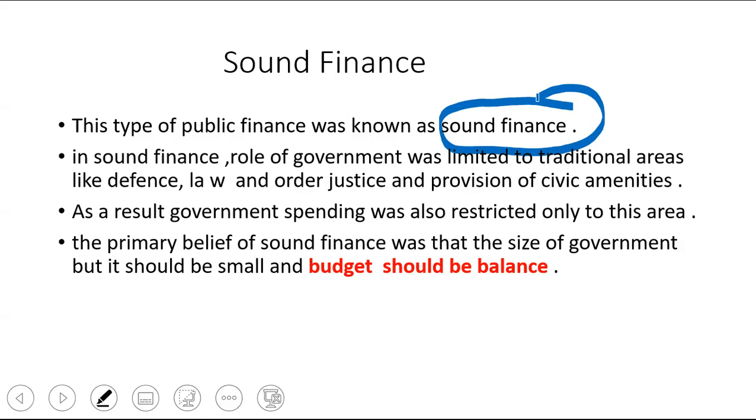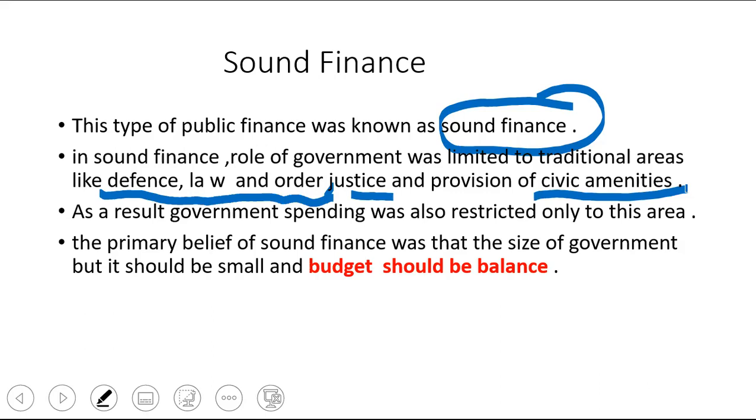In sound finance, the role of government was limited to, look where the government's role is: defense, law and order, justice, and provision of civic amenities. Look, in sound finance, government has to interfere.